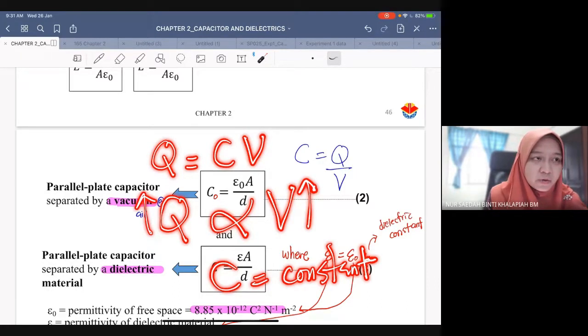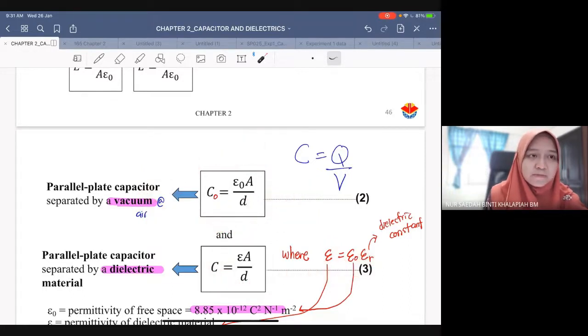Because in that formula, the capacitance is constant. When we look at relationship between one quantity to another quantity, dalam formula tersebut mesti ada satu yang constant. So formula ini C kita adalah constant. So bila Q berubah, yang berubah adalah V, not C.